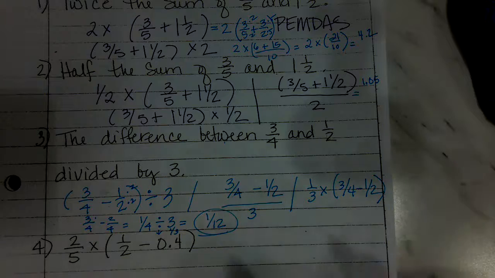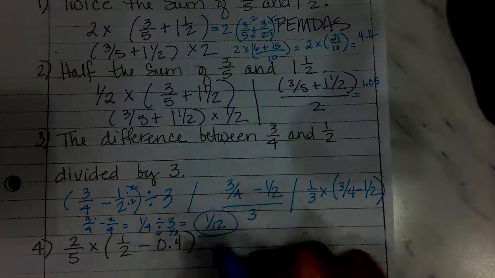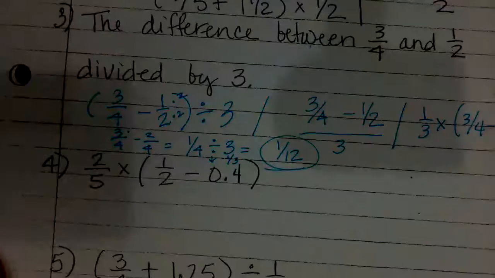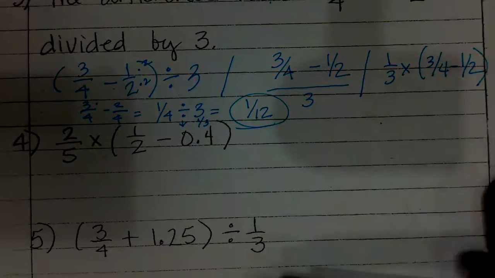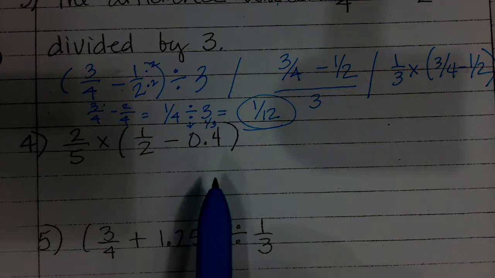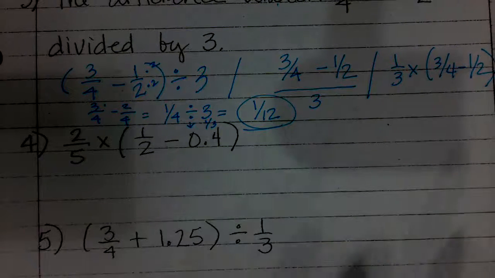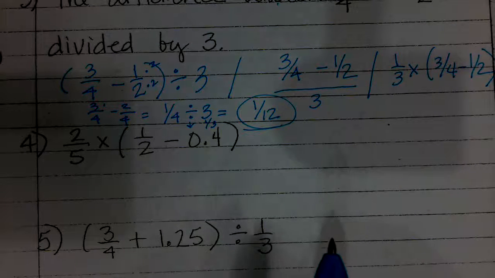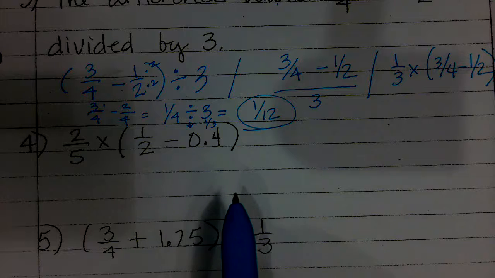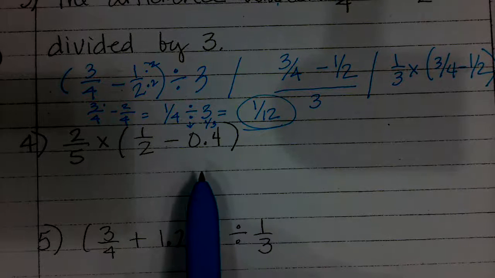Now listen, if there are parentheses in the expression, you want to address what is in the parentheses first, because you have to actually do that first. I'm telling you, it'll make your life so much easier if you just address what's in the parentheses first.